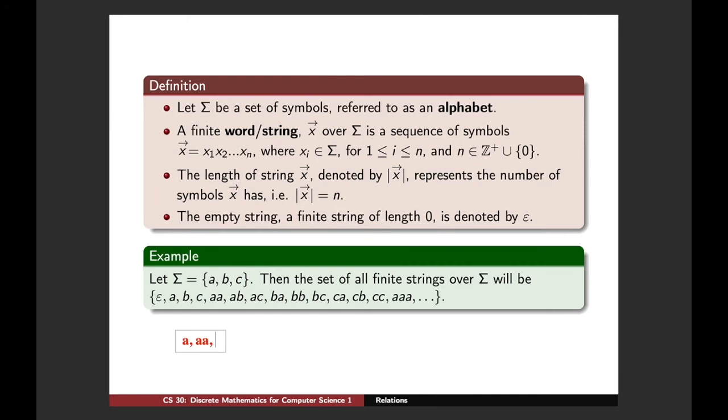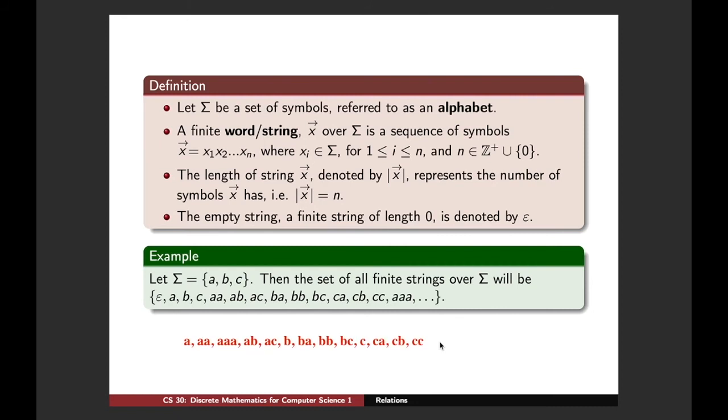And then AAA, right? And then AB, AC, B, BA, BB, BC, C, CA, CB, CC. So I will leave it to you to verify that this will be the ordering of strings considering how it is ordered in a dictionary.